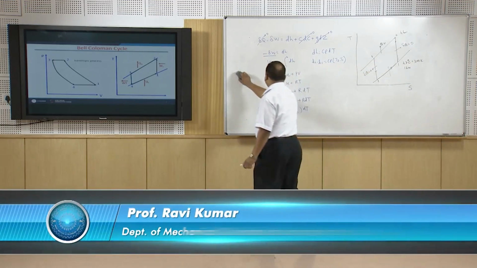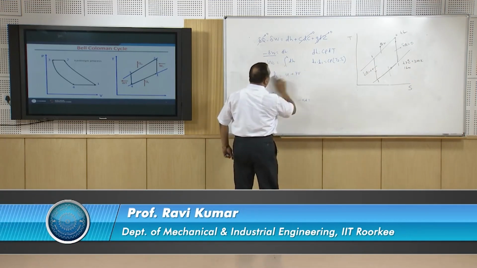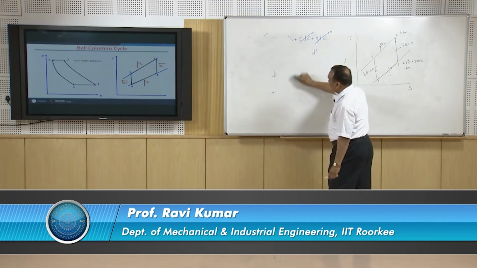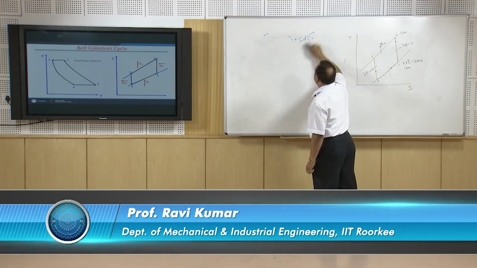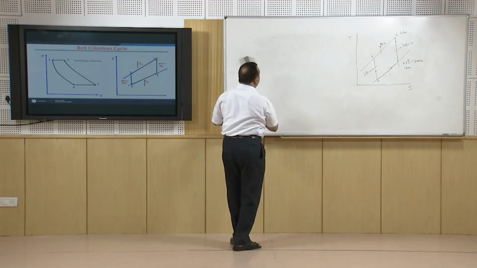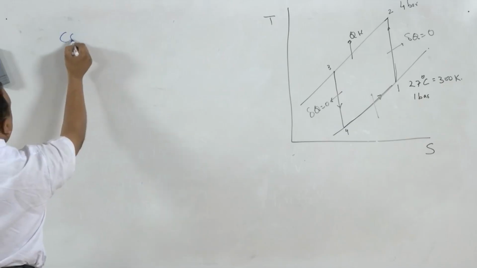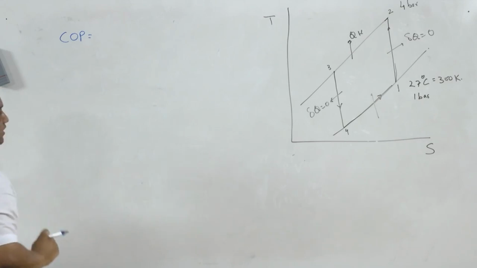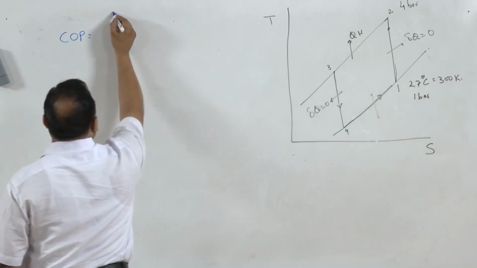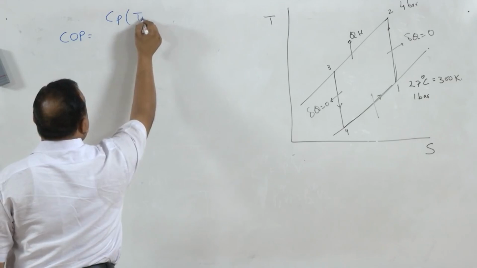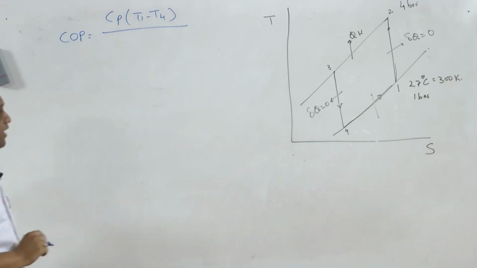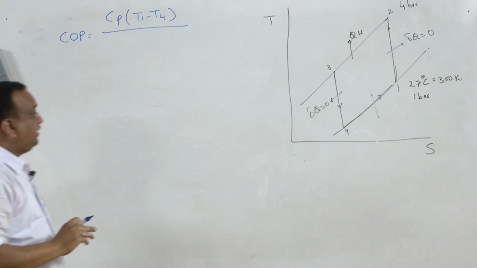Now, the COP of this cycle, the coefficient of performance, because the efficiency of any refrigeration cycle is judged by the coefficient of performance. The coefficient of performance is the heat transfer during the refrigeration process, that is Cp (T1 minus T4), divided by the net work consumed.